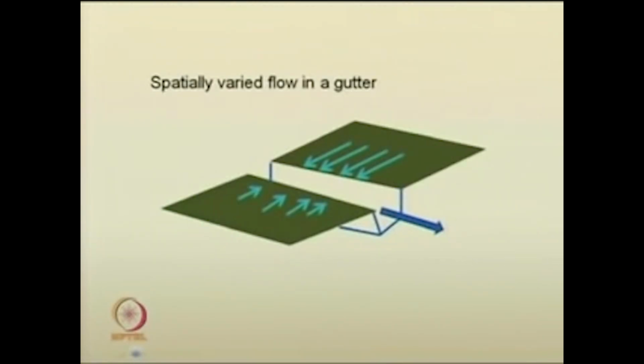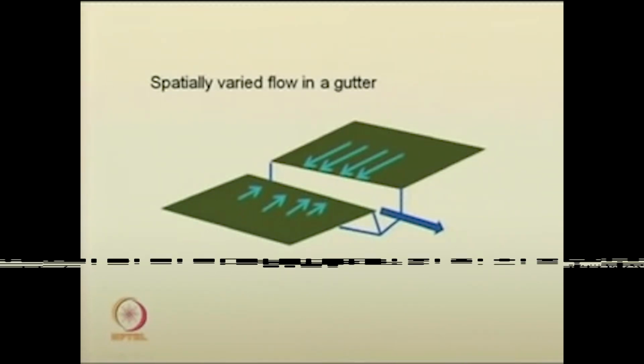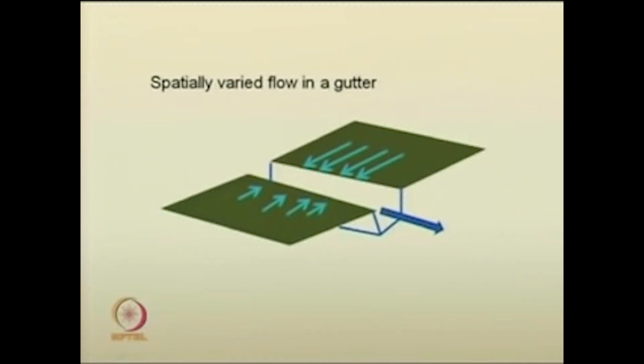You can also see some more examples of spatially varied flow, especially a road gutter or a roof gutter. Water from the roofs flows in these directions and gets collected in this gutter, and the predominant direction of flow in the gutter is this. So, this entire roof is collecting water and draining into this channel.